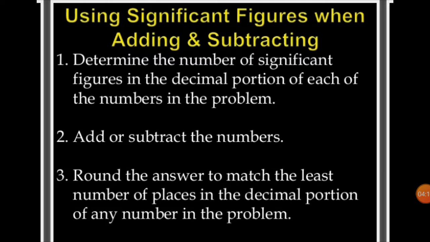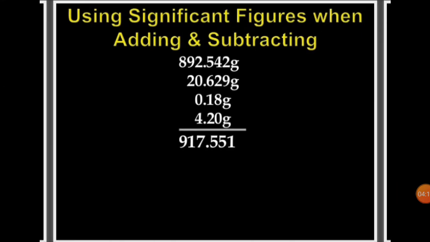We will study it with the help of one example. The numbers given are 892.542, 20.629, 0.18 and 4.20, and the answer comes 917.551.